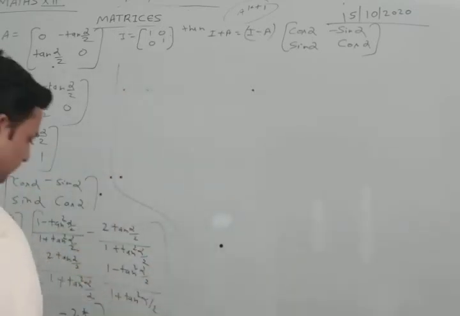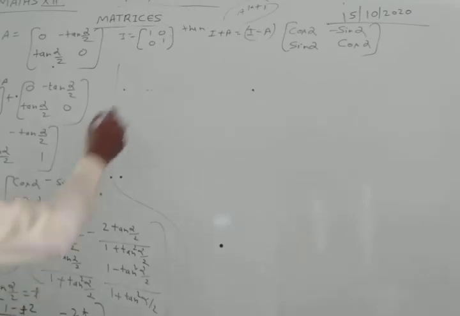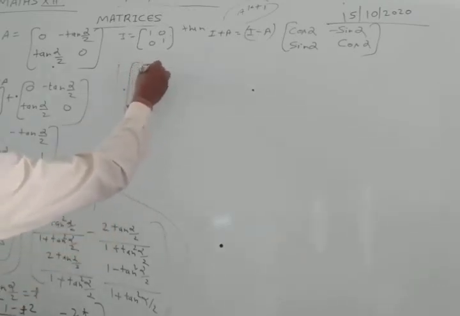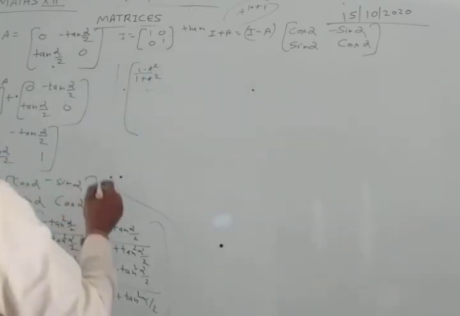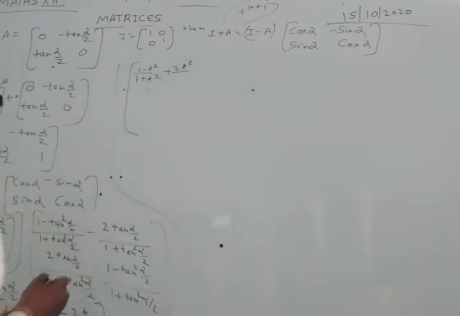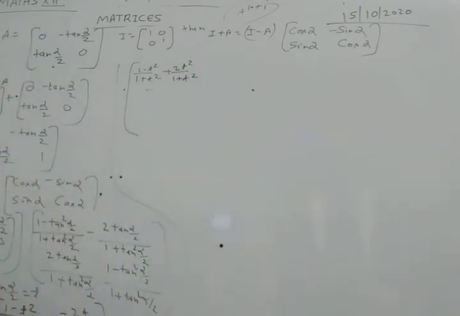Now we will multiply this. We get, after multiplication, 1 minus t square upon 1 plus t square plus 2t square upon 1 plus t square.